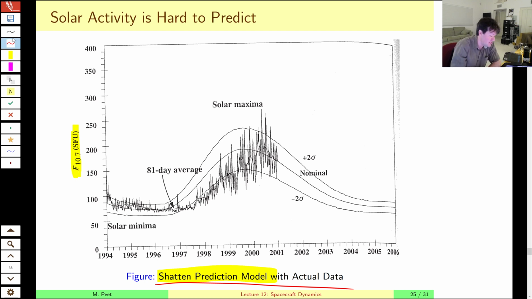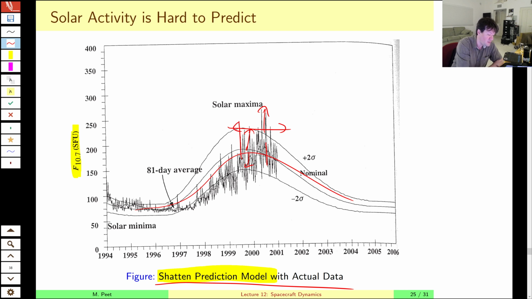So you can see here, this was the prediction of the Schatten model. These are the standard deviations. Not only did the magnitude get wrong, because we're outside the bounds, but the timing got wrong. So the maximum occurred here as opposed to here.